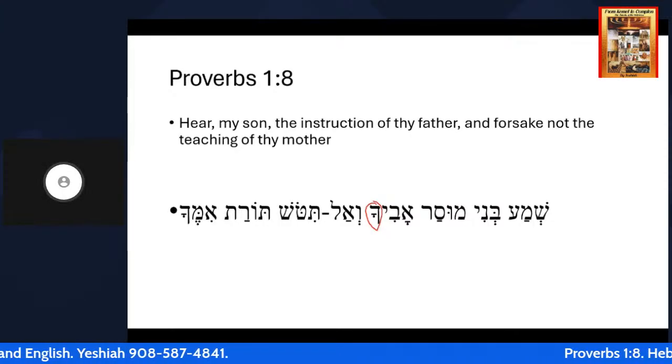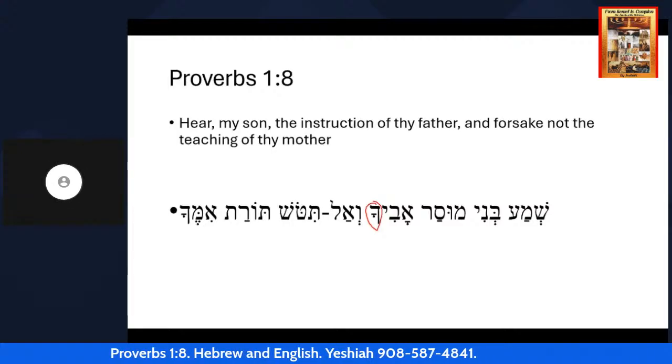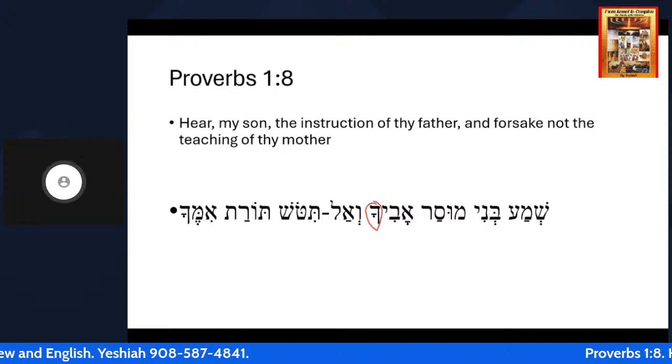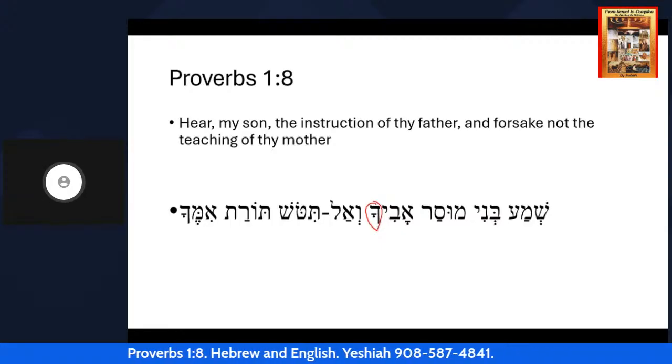Anytime ka is there as a suffix, if the word is a noun, like a person, place, or thing, it means your. Anytime ka is at the end of a verb, it means you. So ab meaning father, abi meaning father of, abika, father of yours or your father.